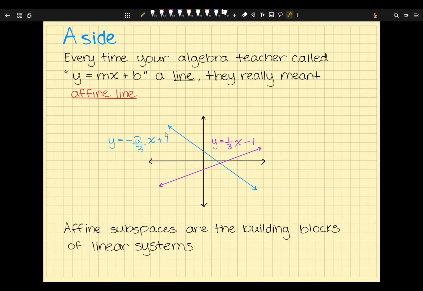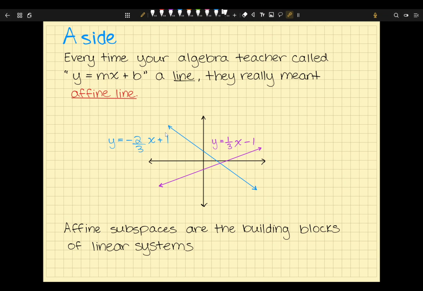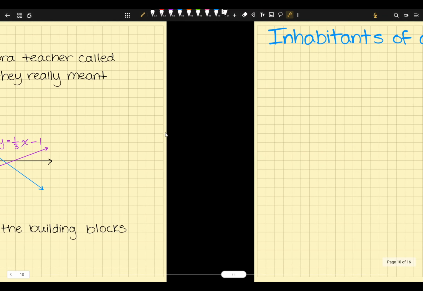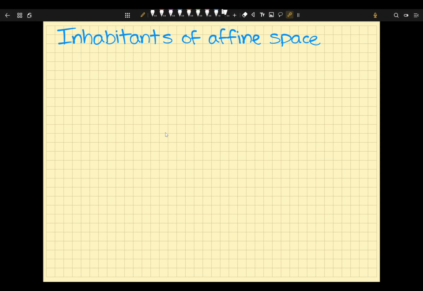When we mean a linear subspace that is a line, it always goes through the origin, whereas these y equals mx plus b things are affine lines, so they don't have to go through the origin. So an affine space is a linear space that's shifted away from the origin.